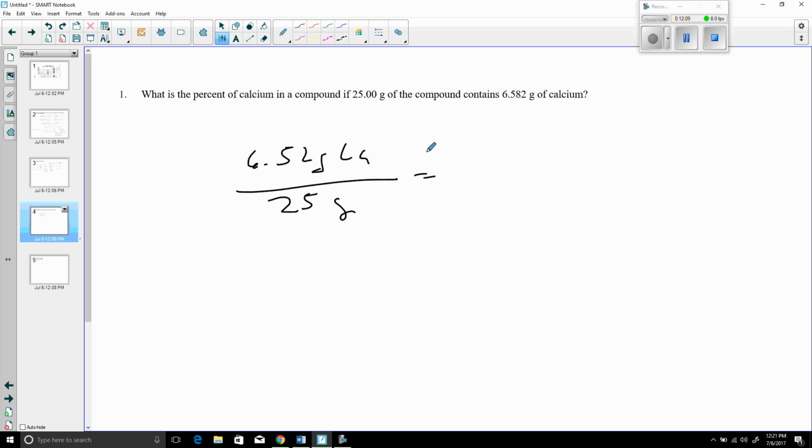What is 6.52 divided by 25? And we can't forget to multiply this times 100 to get our percentage. So 6.52 divided by 25 times 100, and you get 26.08%. So that was easy.